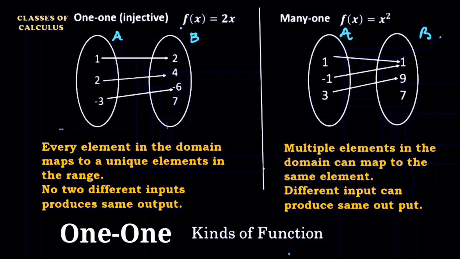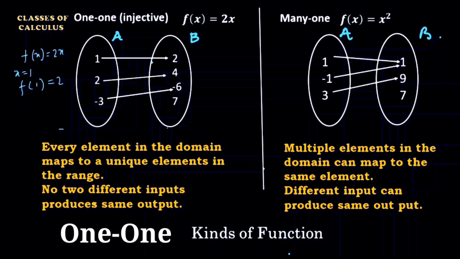For example, we have this function f(x) equal to 2x. We have input values in the domain. If we have x equal to 1 as input, we have output value f(1) equal to 2.